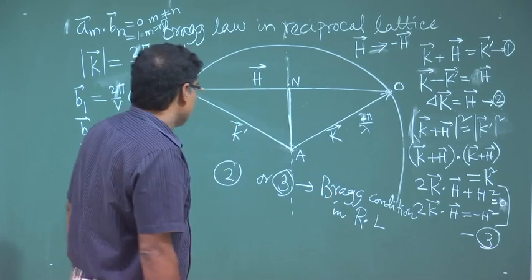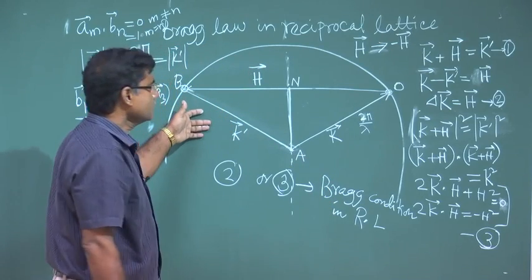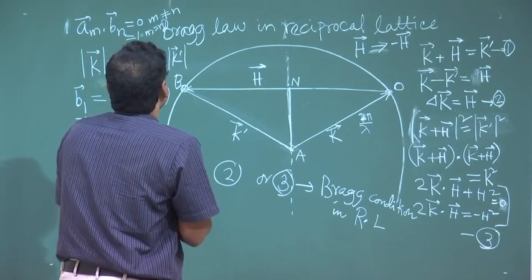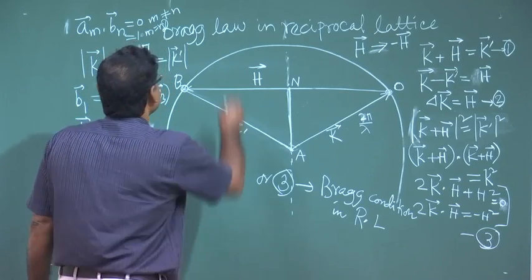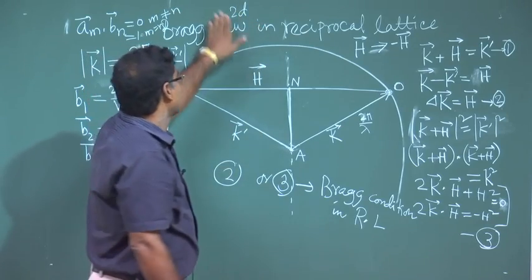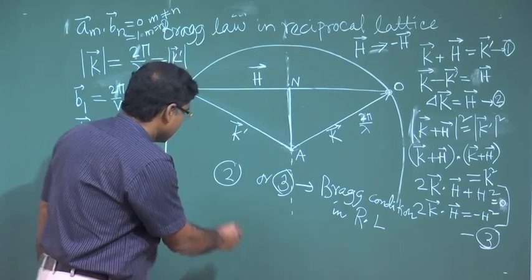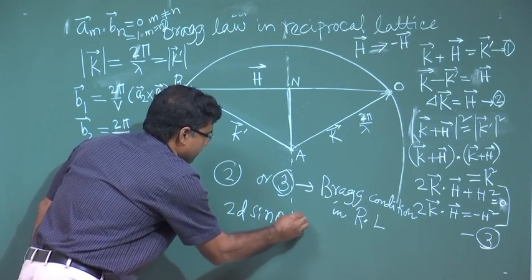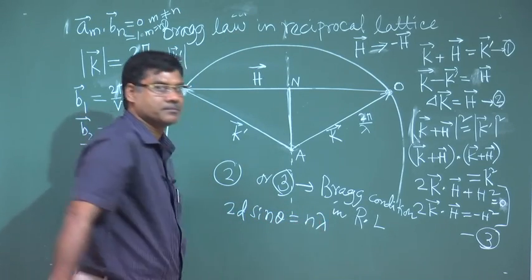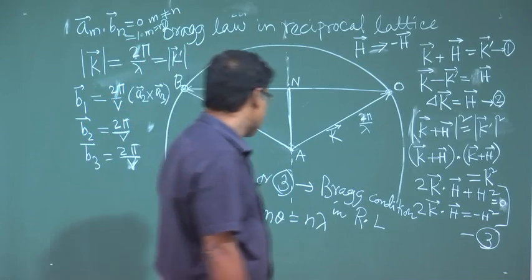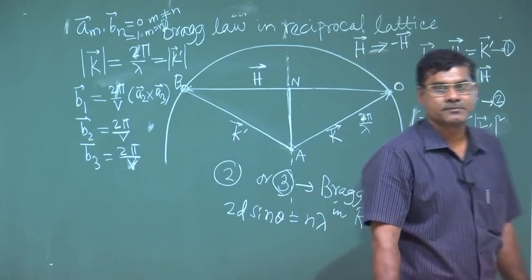Okay. So one can use 2d sin theta equal to n lambda, right. 2d sin theta equal to n lambda.